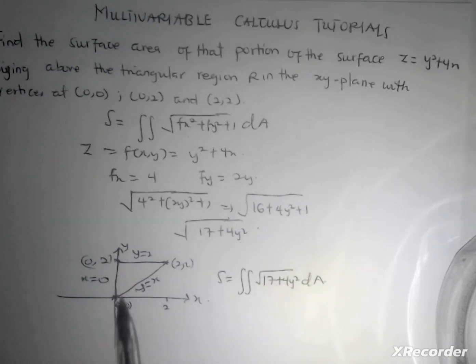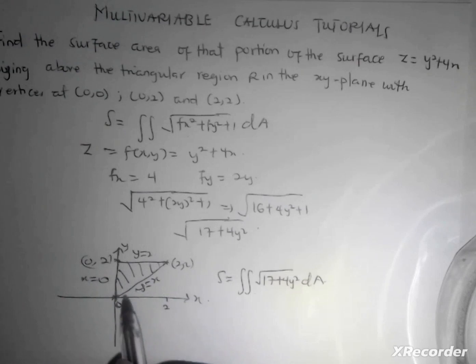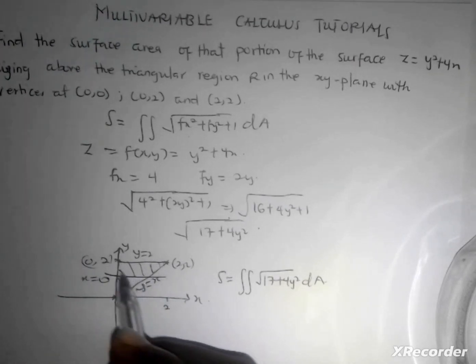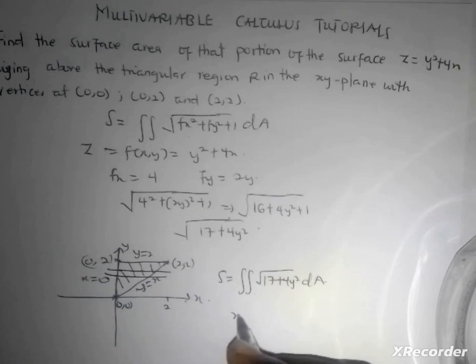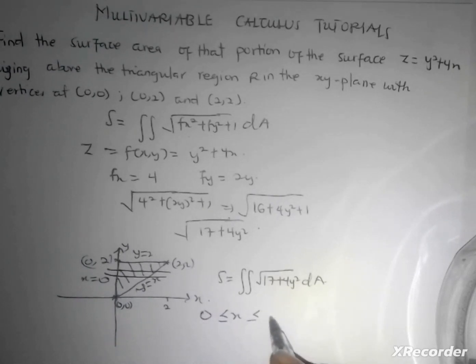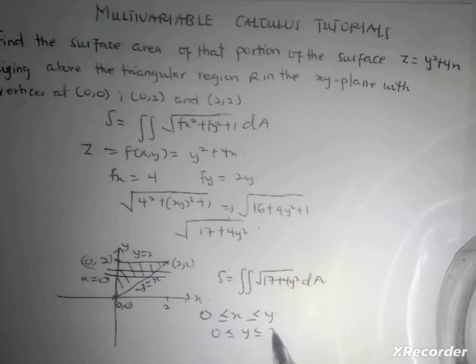So I'm going to slice through x first. I'm starting from x equals 0 towards x equals y. So the x boundaries are x greater than or equal to 0 and less than or equal to y. Then my y will be from 0 to 2, so 0 is less than or equal to y, less than or equal to 2.